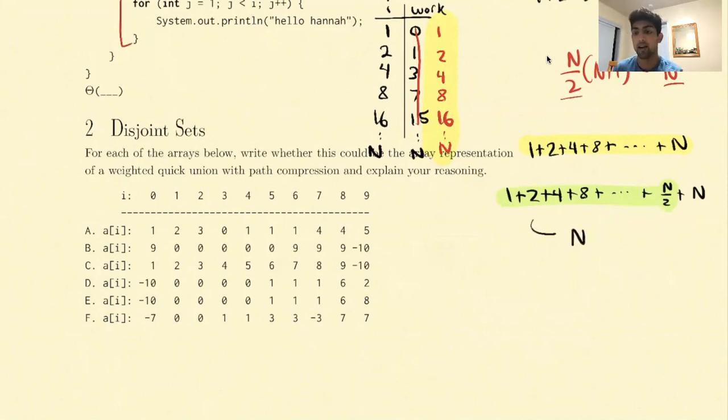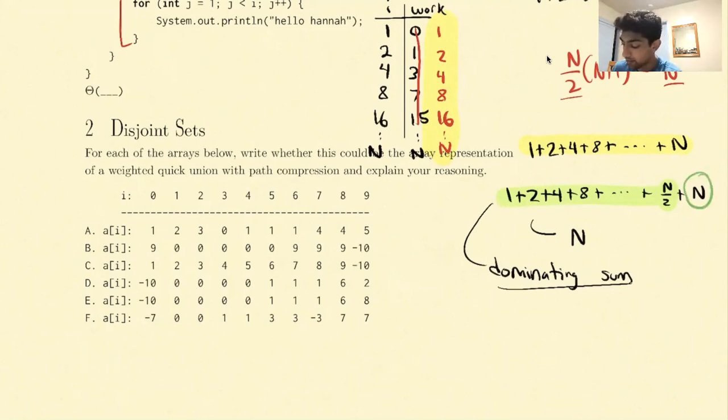Okay? This sum reappears in different forms, but the way I like to coin it is that it's a dominating sum. That's my terminology for it, and I'll explain why. A dominating sum is a sum where the last term is all that contributes to the runtime. Okay, I'll say that again.